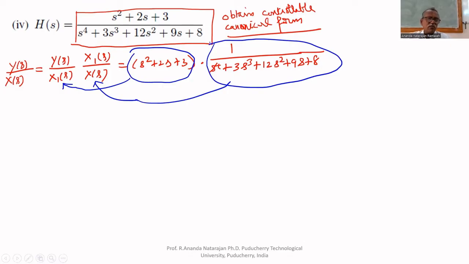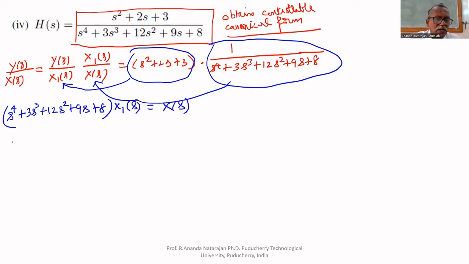Now we have to take the second one. If you cross multiply, what will you get? s power 4 plus 3s cube plus 12s square plus 9s plus 8, multiplied by X1(s), equal to X(s).